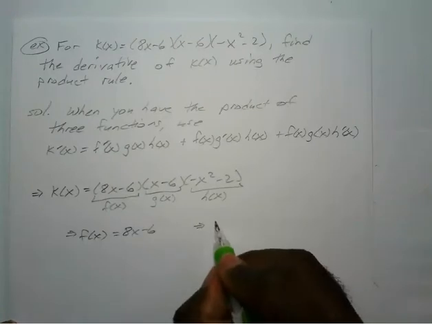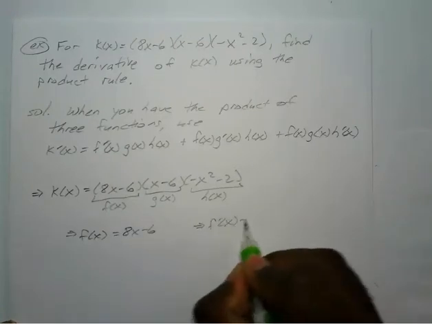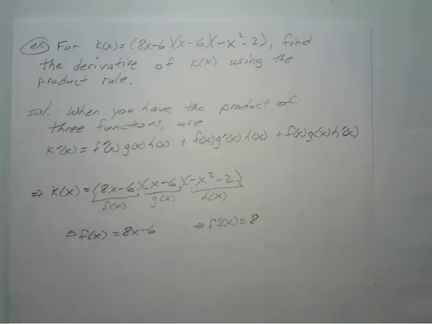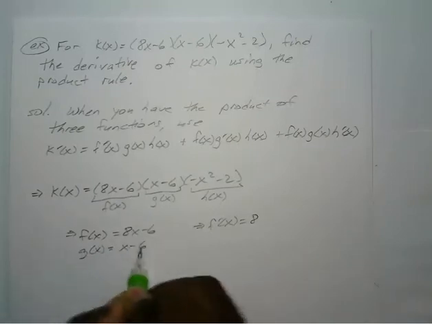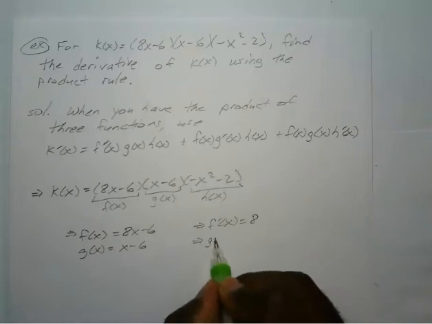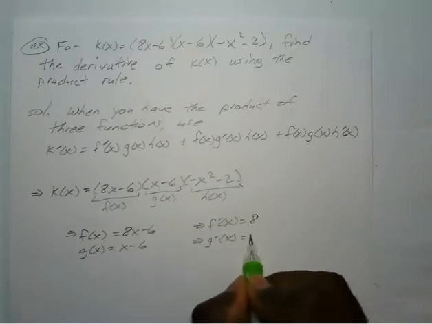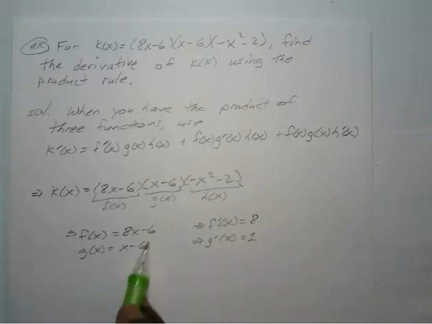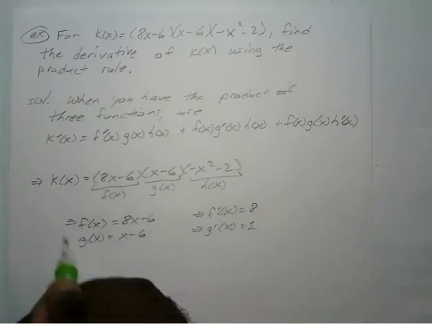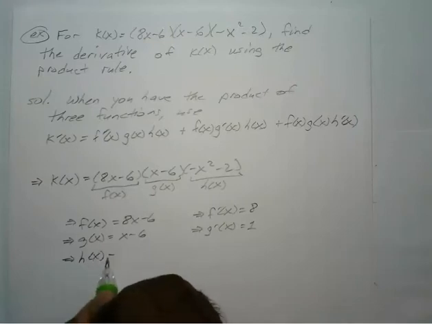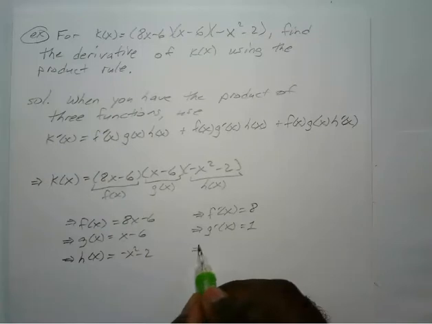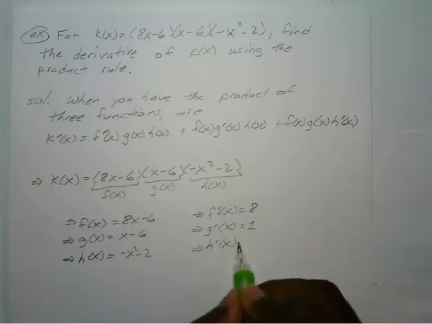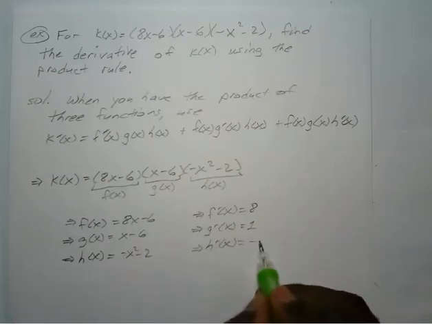So that means f prime of x is equal to 8. g of x equals x minus 6. So g prime of x is going to equal 1. Just the derivative of x, that disappears. Okay, so your h of x is equal to negative x squared minus 2. So your h prime of x is going to equal negative 2x.